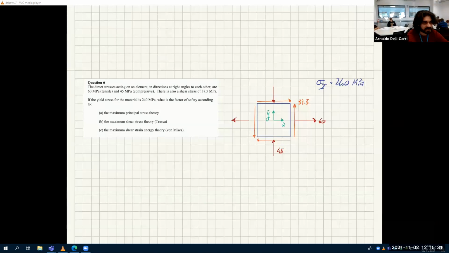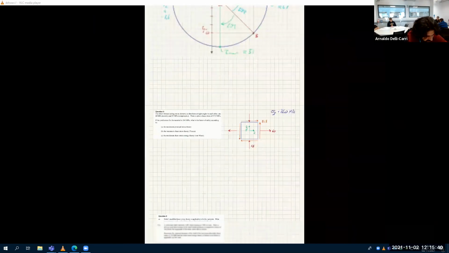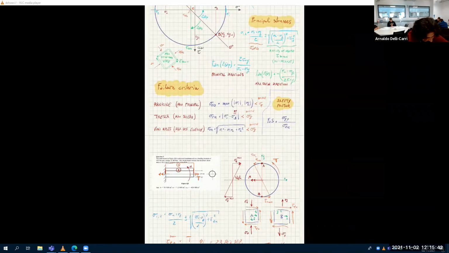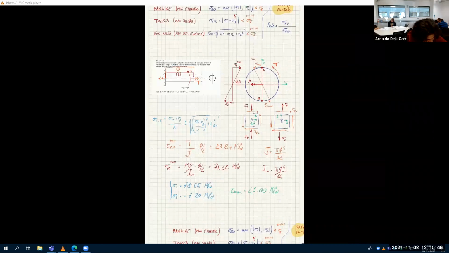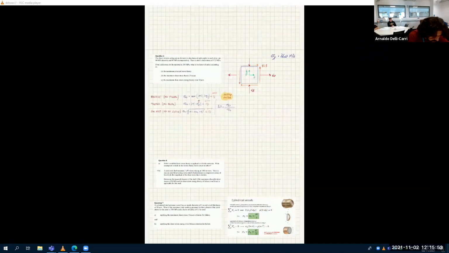These are just Rankine, Tresca and von Mises. So what do we need? Well, we need the formulae. I'll just copy and paste them here.